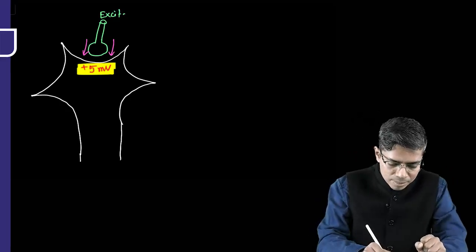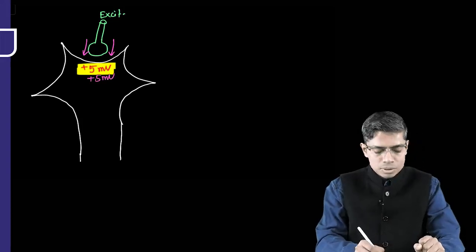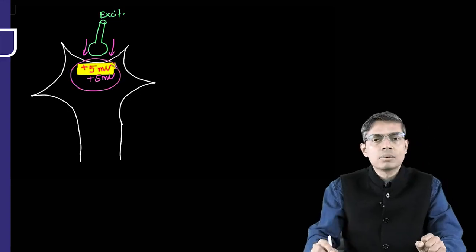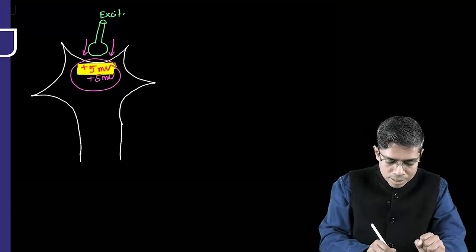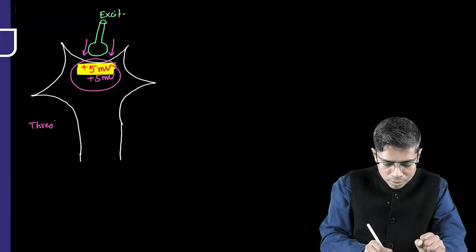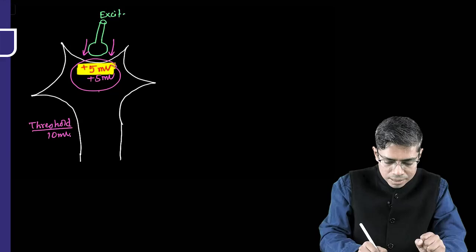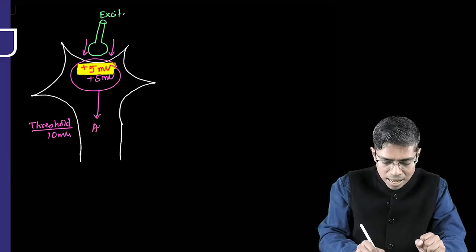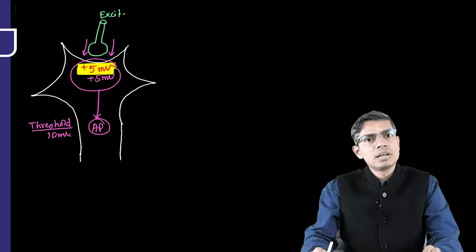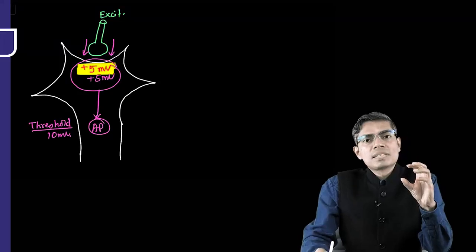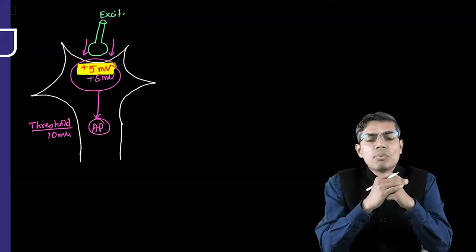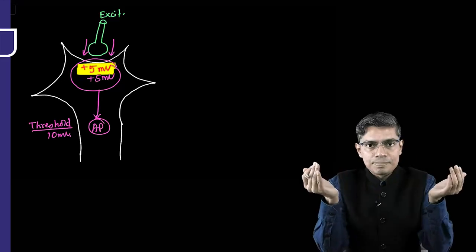Again the second stimulus generates plus 5 millivolt. So these two membrane voltages will sum up with one another, and suppose the threshold voltage of this neuron is 10 millivolt, then obviously this will be able to produce an action potential on this neuronal membrane. That means these two local potentials are summated with one another over time.